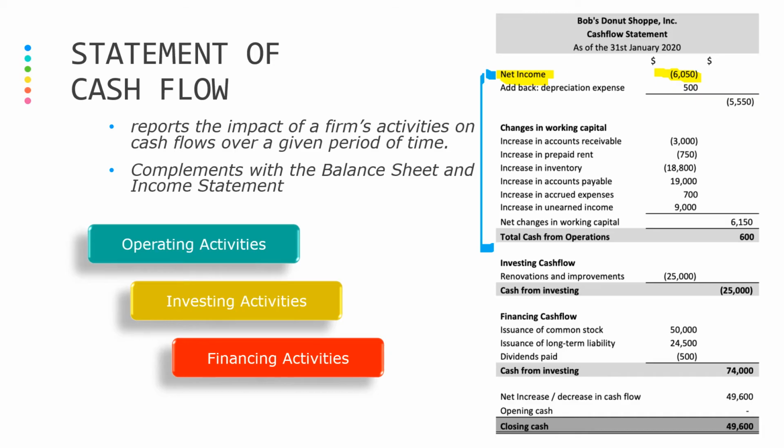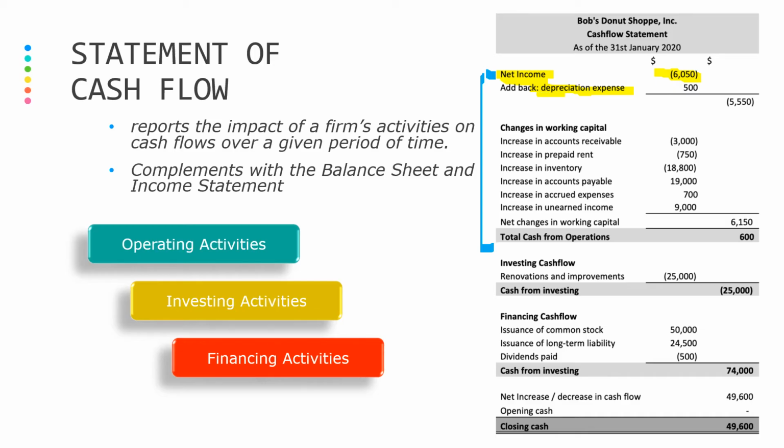Okay? Now, in this method, it also makes adjustments to add back non-operating activities that do not affect a company's operating cash flow. One example for that is depreciation expense. Depreciation expense is not a cash expense.